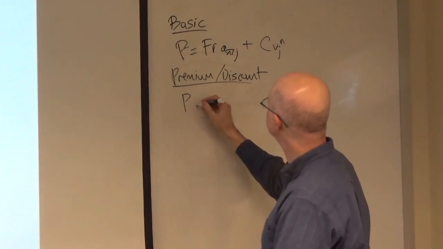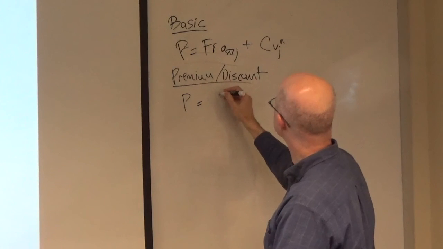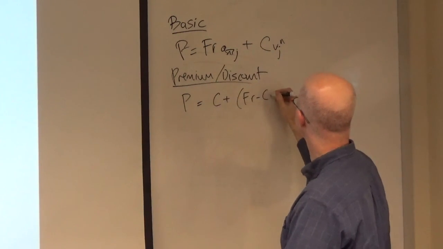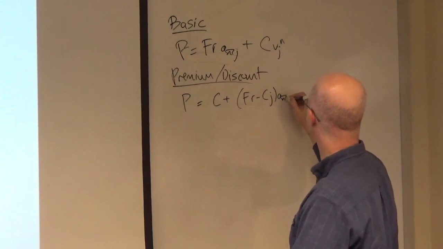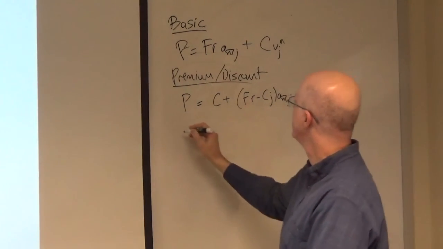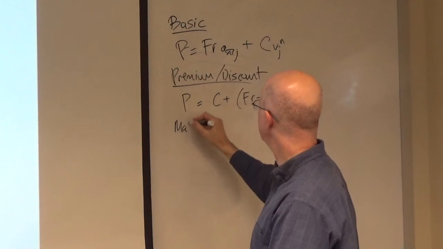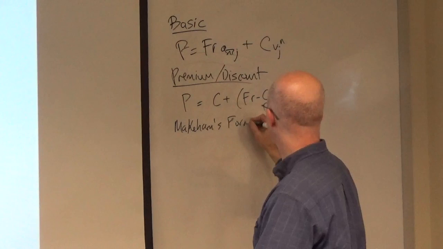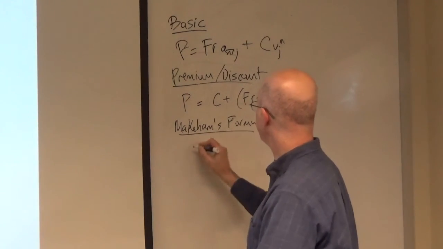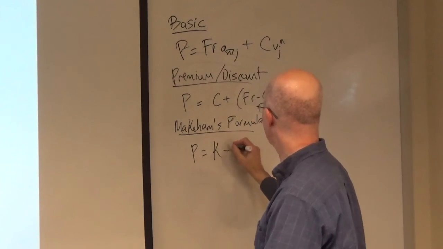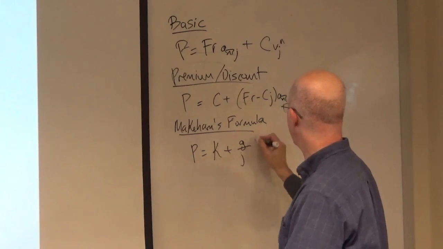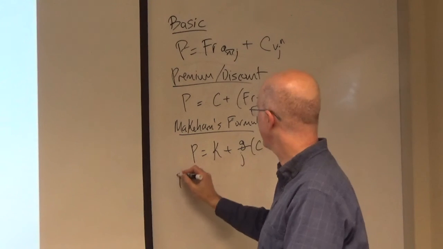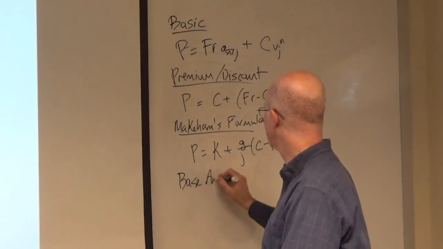P equals, let's see, it's C plus FR minus CJ a angle N at J. There is Makeham's formula. P equals K plus G over J times C minus K. And there is the base amount formula.